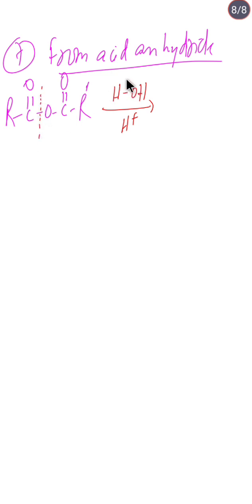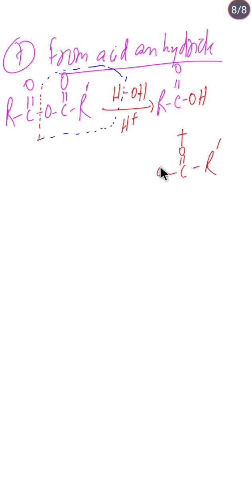Suppose this is broken like this, so I will get RCOOH, this OH will be attached like this, plus there will be another carboxylic acid. So we will get a mixture of two carboxylic acids which may be the same or different. Let me give one example here.